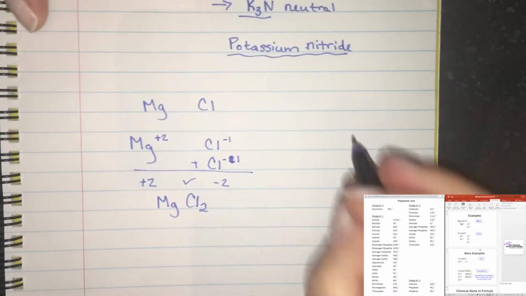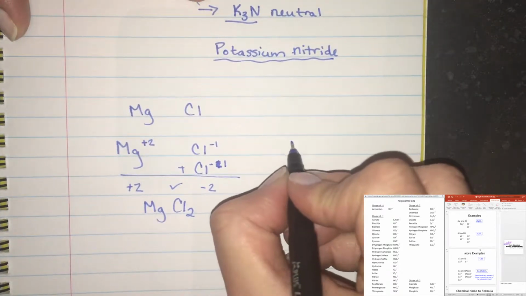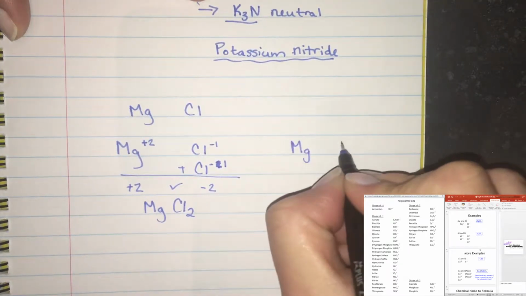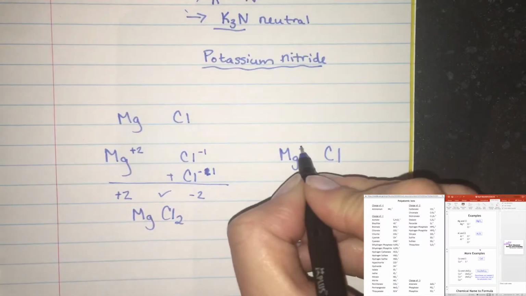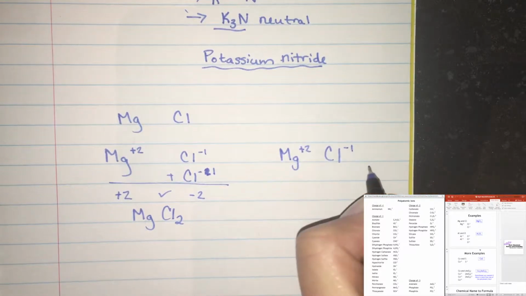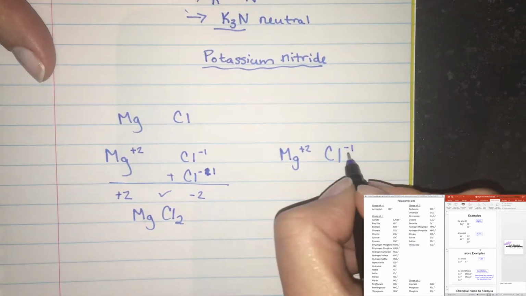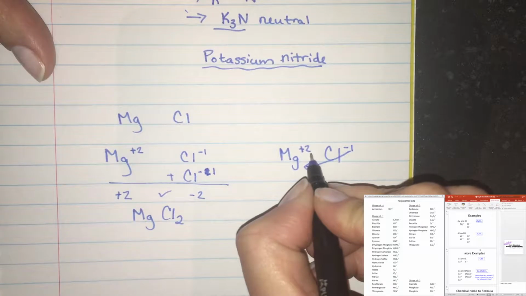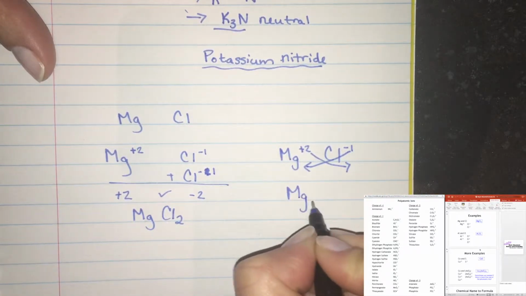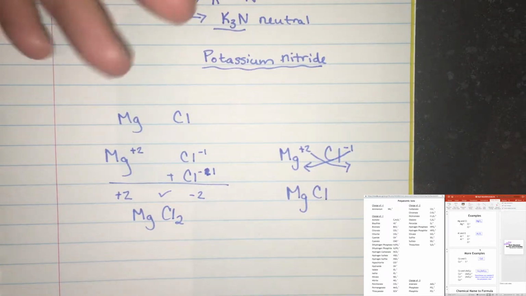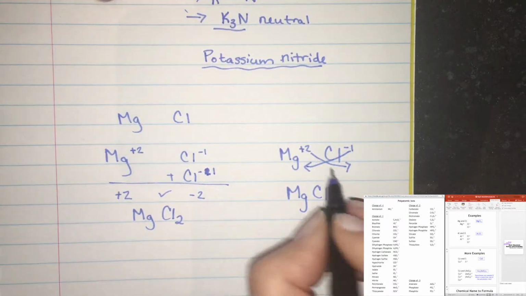But how I learned it, and how I would suggest, though you can do either one on the test, is this: I write the two ions that I have, magnesium +2 and chlorine -1, and I do the cross method. The 1 from chlorine goes down with magnesium, and we never write the 1.